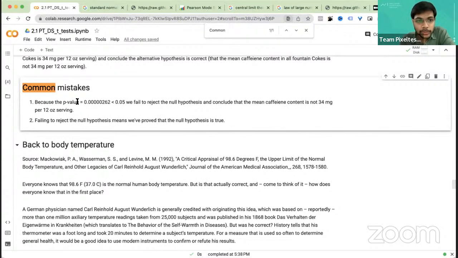What happens is, because the p-value is very much less than 0.05, we fail to reject the null hypothesis and conclude that the mean caffeine content is not 34 mg. Failing to reject the null hypothesis means we have proved that the null hypothesis is true, right? So I think this is what brought a question to you, because here it says null hypothesis is true, right? So I think that is your question, Ravindra sir.